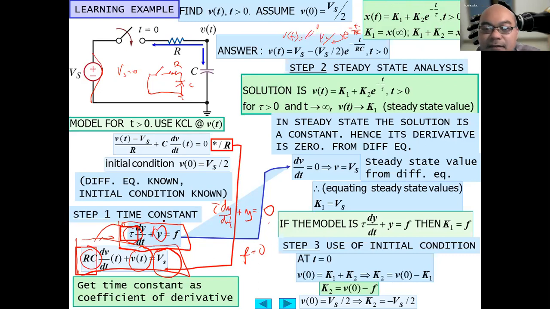Basically it equals the forcing function, because at steady state the dy dt, the voltage variation over time, is zero, no variation anymore. That's why it is called steady state. Then the value will be equal to f, the forcing function. So from there we know that k1 equals the forcing function, Vs. So Vs will be the steady state value.